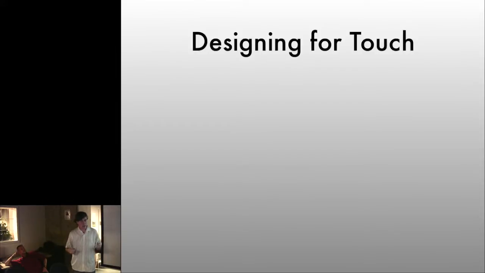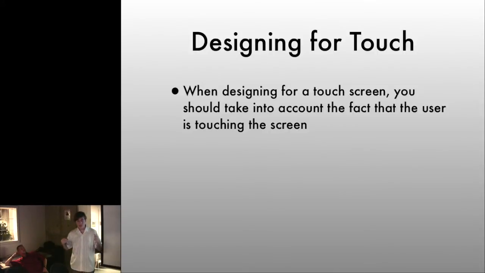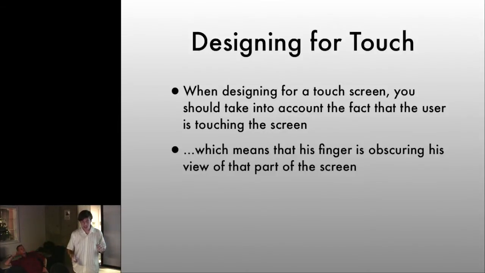So on that note, I wanted to talk a little bit about some special design considerations for when you're designing for a touch interface. This is going to seem like a really obvious fact, but if you're designing for a touchscreen, you need to take into account the fact that the user will be touching the screen, which sounds kind of dumb. But in particular, that means that wherever the user is touching, they can't see that part of the screen anymore.